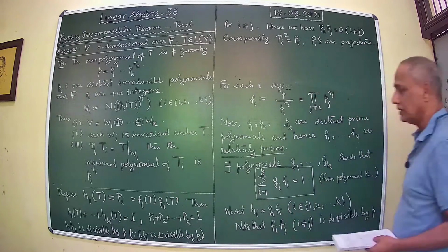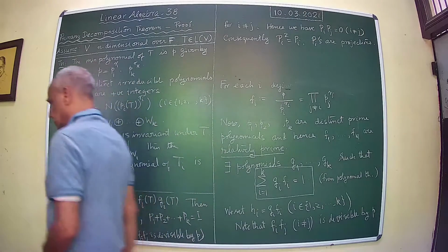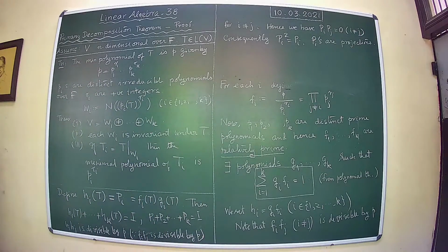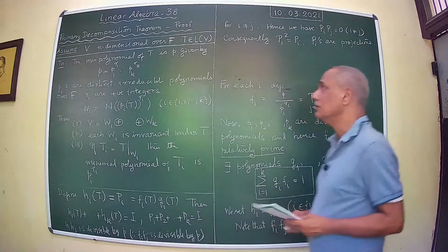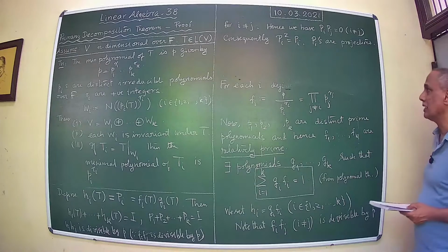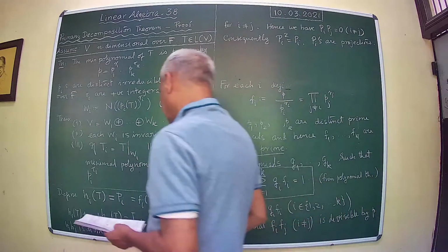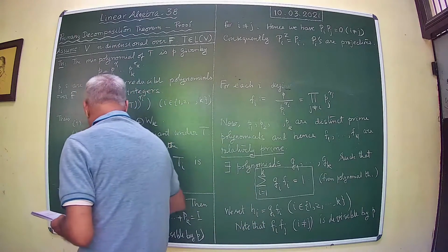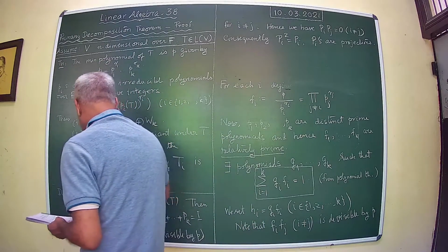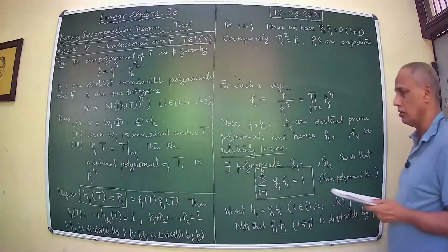These projections have been developed out of the transformation T. They are defined from T. So we have seen the definition of Ei. They are defined as polynomials in T, so each Ei is a polynomial in T.